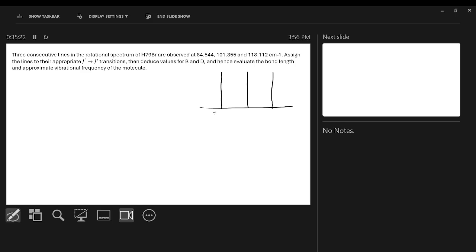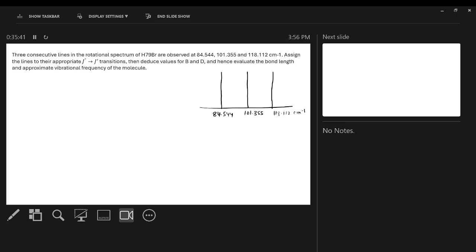This is at 84.544, this is at 101.355, 118.112 centimeter inverse. All the numbers are in centimeter inverse.